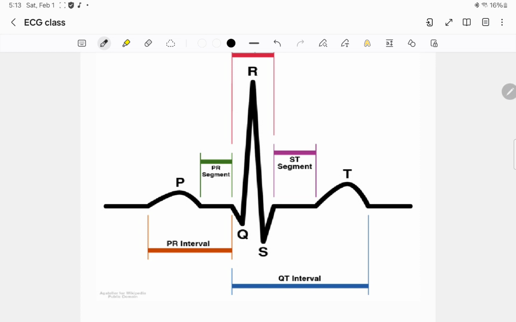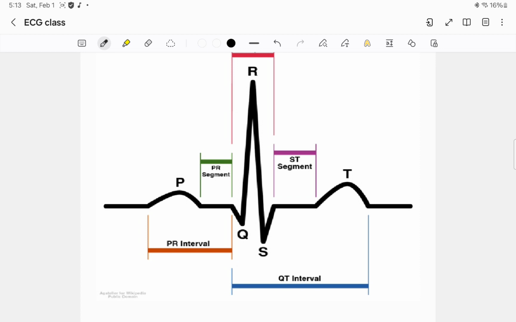So that being said, when we look at the ST segment, we're basically looking for depressions or elevations. That's the main thing we're looking for with the ST segment, and we'll go into more detail in the future as to what is normal and what's abnormal.